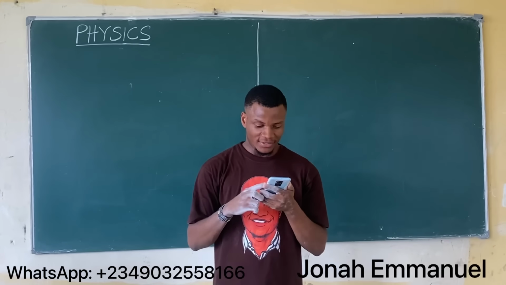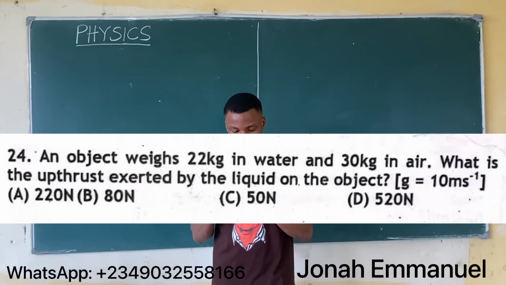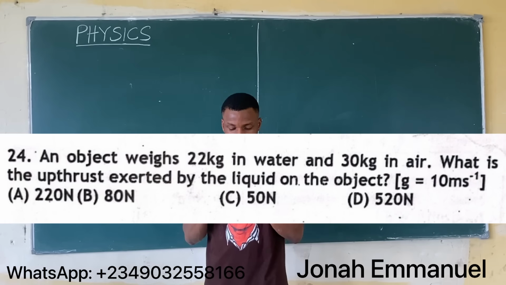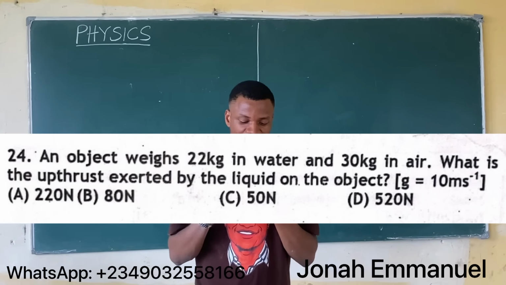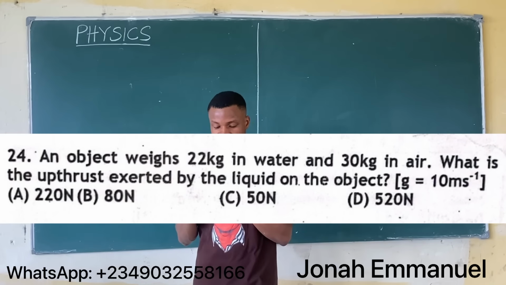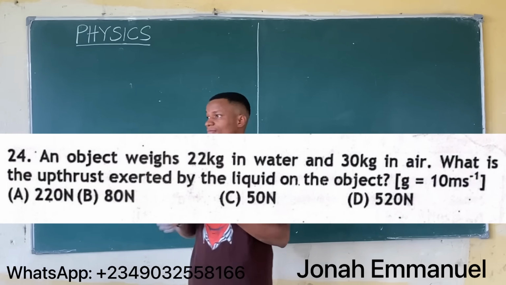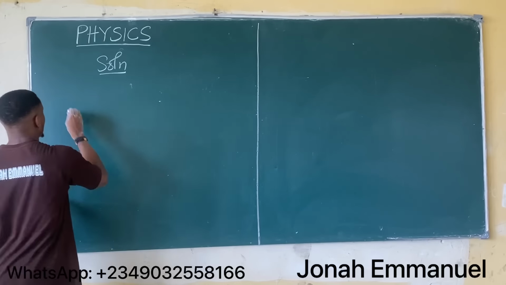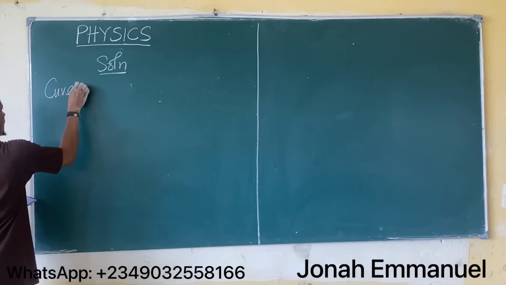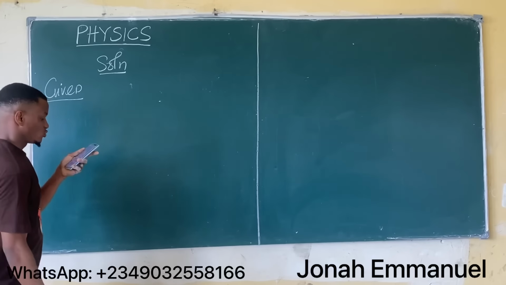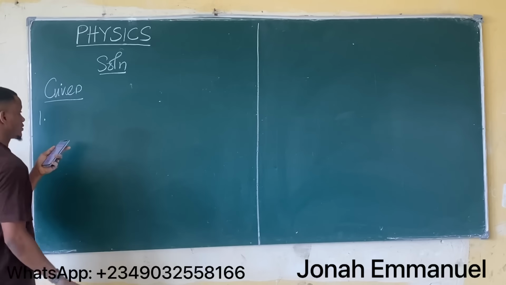So the question says, an object weighs 22 kilogram in water and 30 kilogram in air. What is the upthrust exerted by the liquid on the object? Solution. So given, number one, it said it weighs 22 kilogram in water.